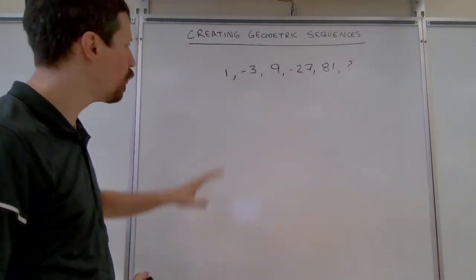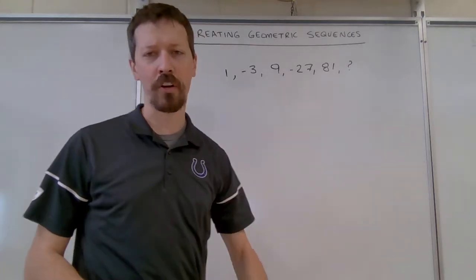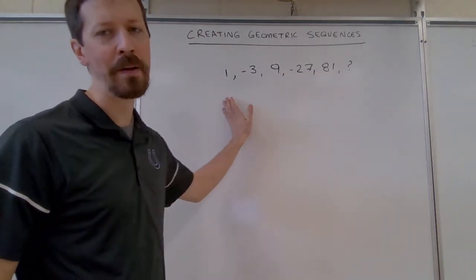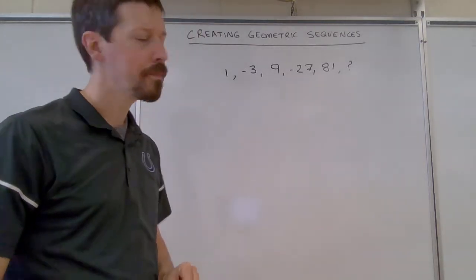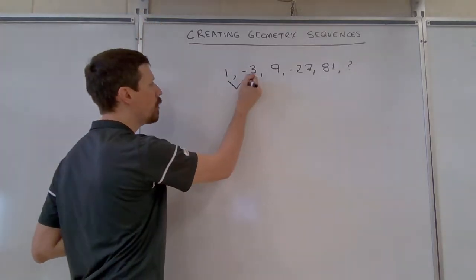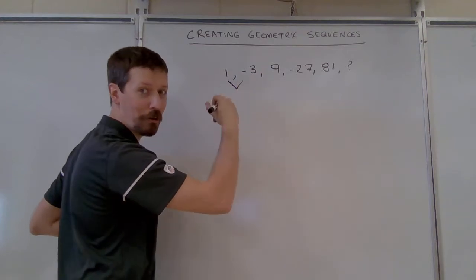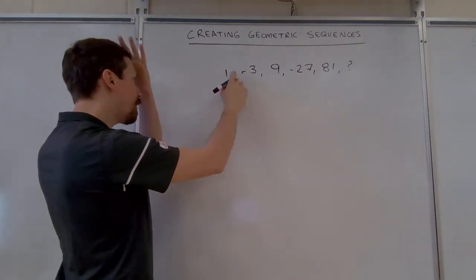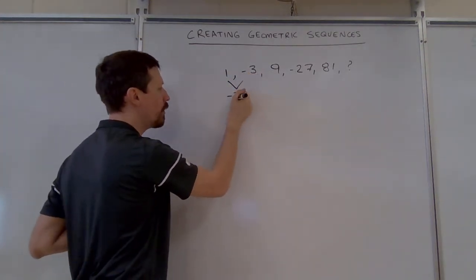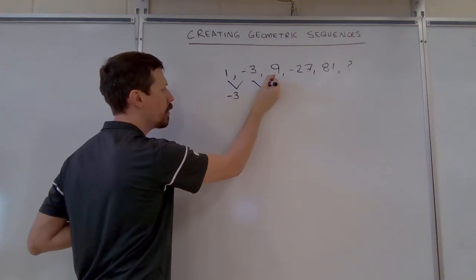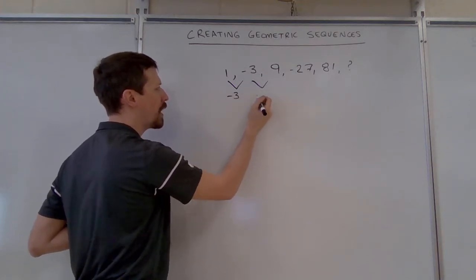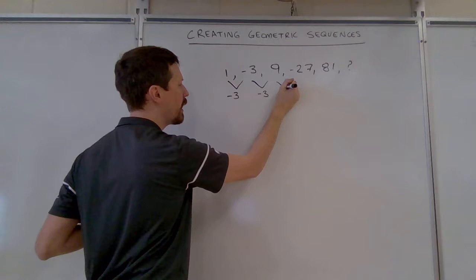Well, first of all, as soon as we see that, we know it's going to be geometric. We have to be multiplying or dividing it by something for that to happen. So if I took, sorry, the bell's still ringing in front of you guys, aren't you? If I took negative 3 and divided by 1, that would be negative 3. If I took 9 divided by negative 3, that would be negative 3.